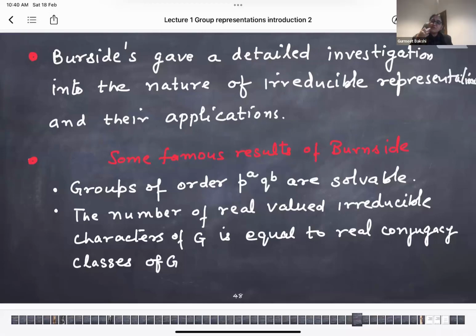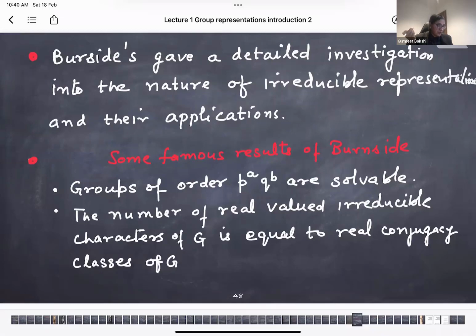Groups of order p^a q^b are solvable. He could prove that with character theory. Earlier he had p q^b and p^2 q^b, and now he could prove in general using character theory that groups of order p^a q^b are solvable.